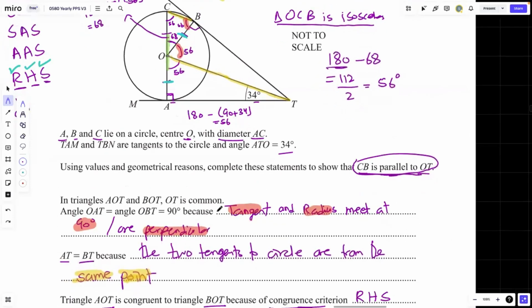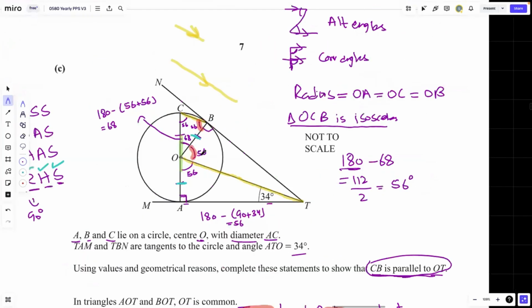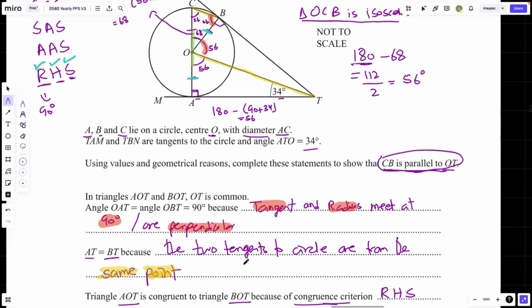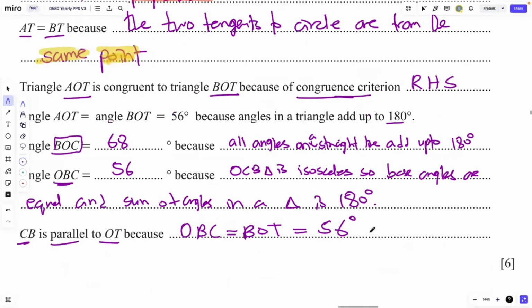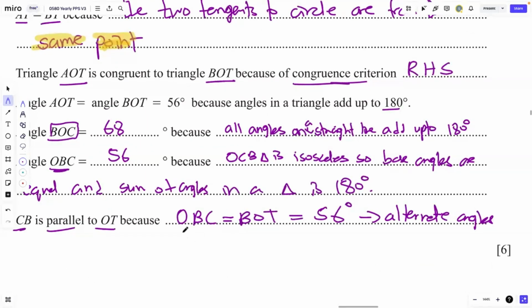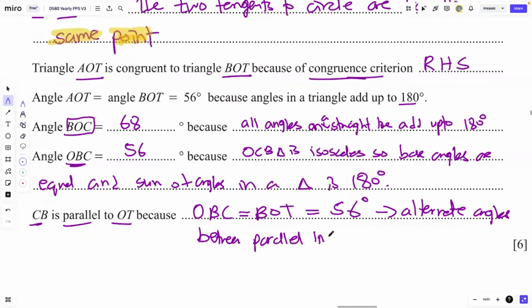So it's going to be the angle OBC and the angle BOT are both equal to 56 degrees because they are alternate angles between parallel lines CB and OT.